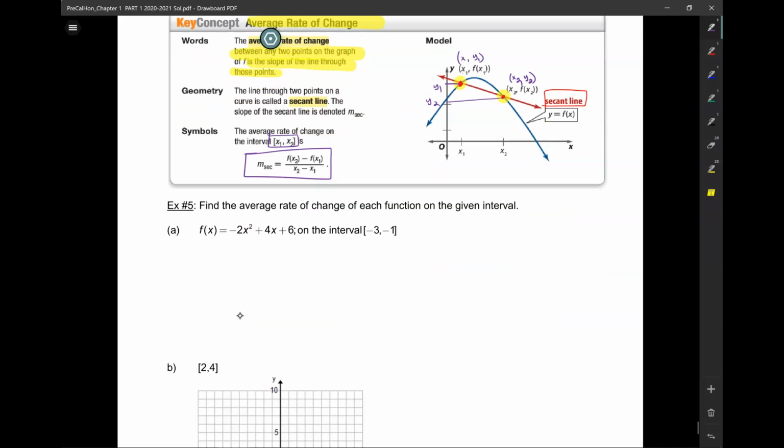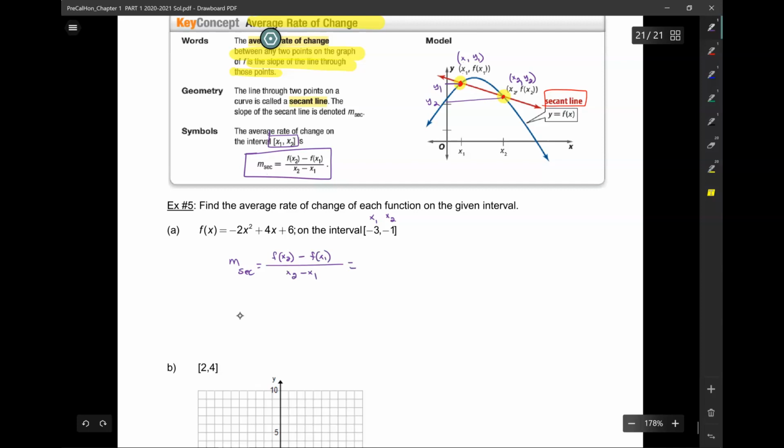Okay, let's go ahead and find one here. Find the average rate of change of each function on the given interval. This is my function, and the interval I'm given gives me my x values. So this is x1, x2. My formula, though, is f of x2 minus f of x1 over x2 minus x1.